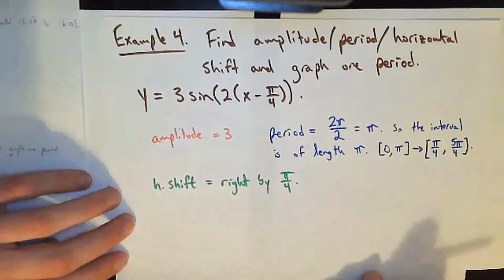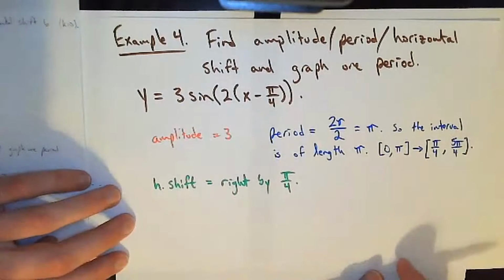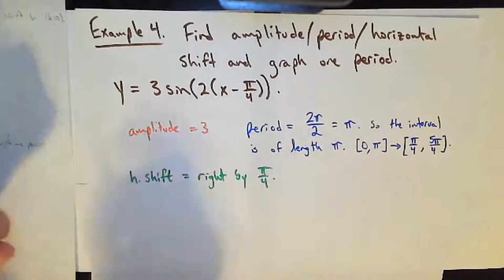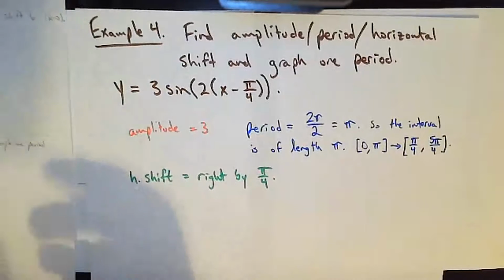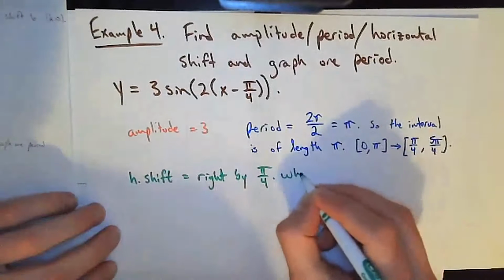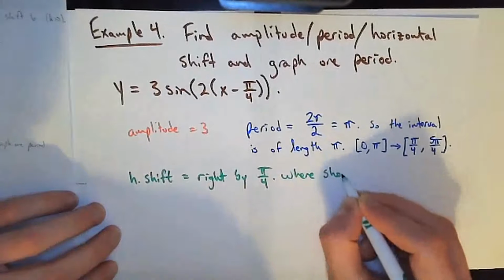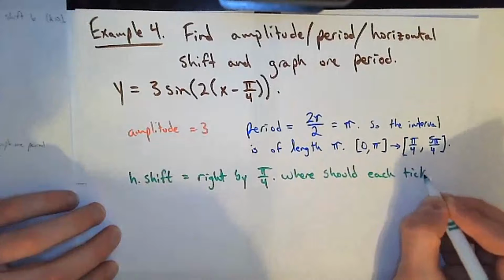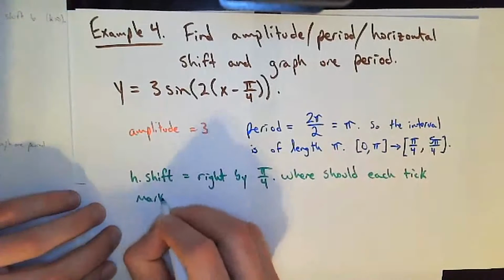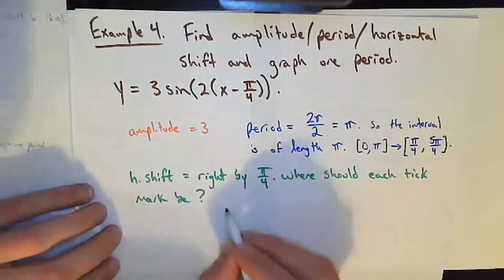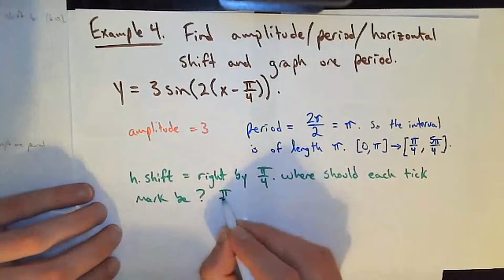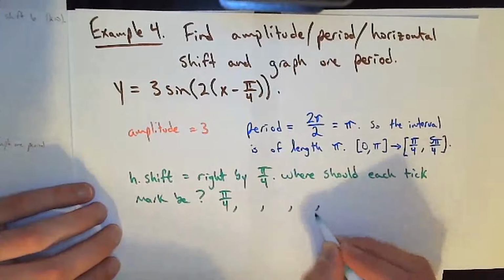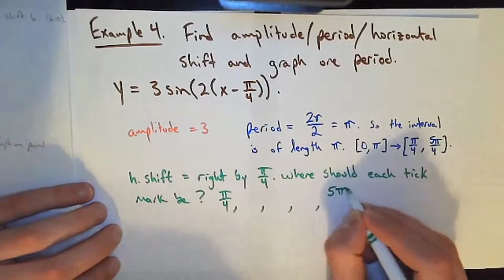That's the interval I'm going to graph this on. Where should each tick mark be? Well, definitely at pi on 4, and then 3 more, and then ending at 5 pi on 4.